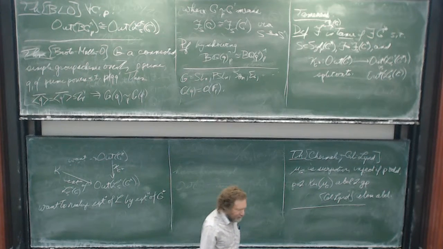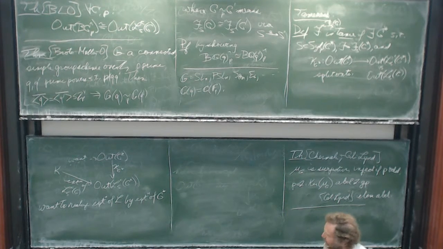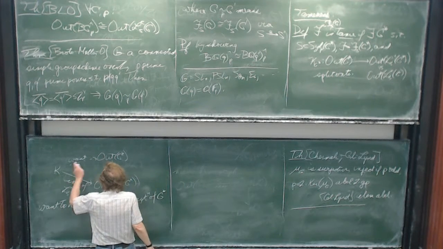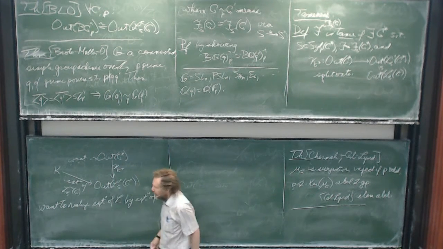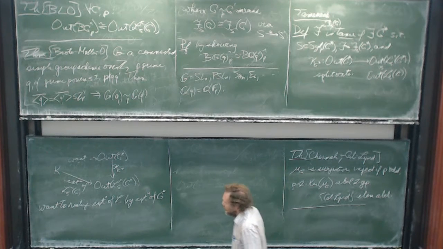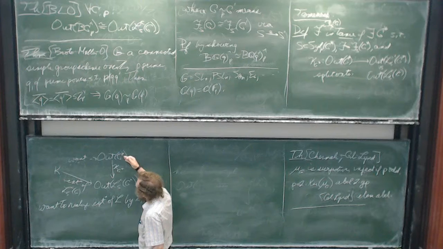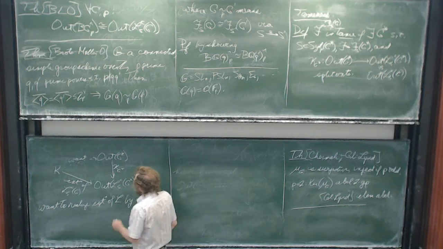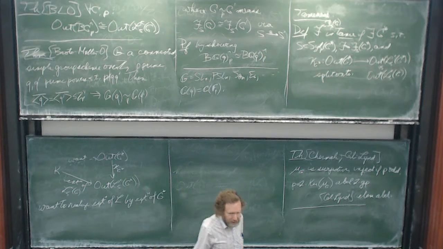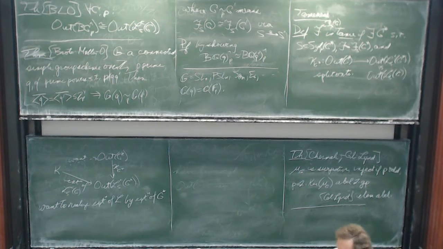If you want to construct an extension of G star by K, then you'd better start off by constructing a homomorphism from K to out of G star. And this property of being split surjective is equivalent to saying that you can always do that.